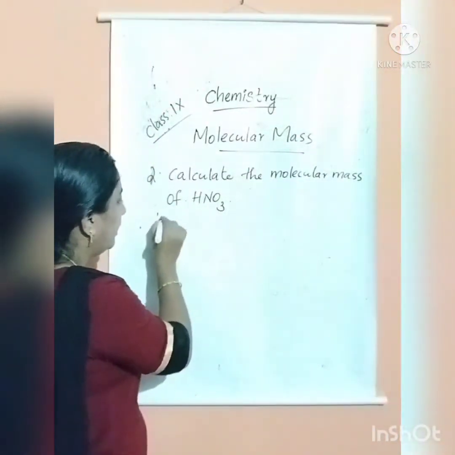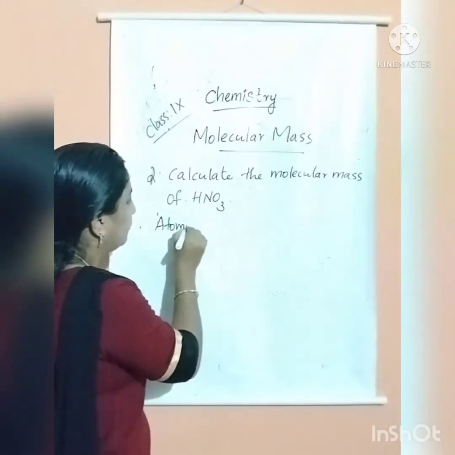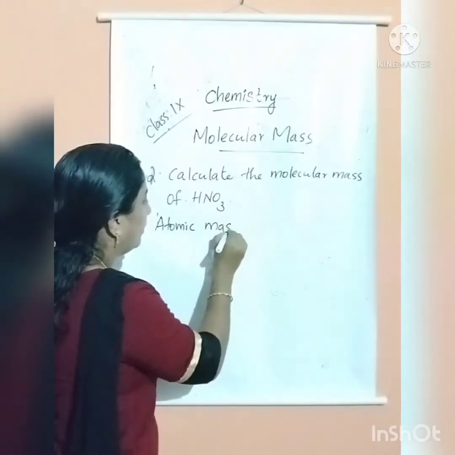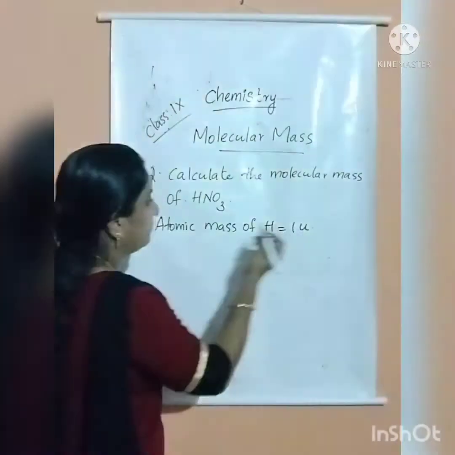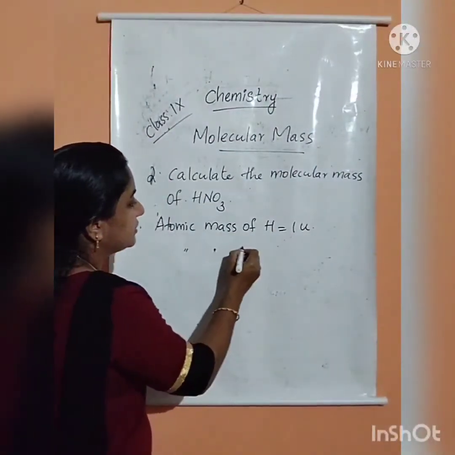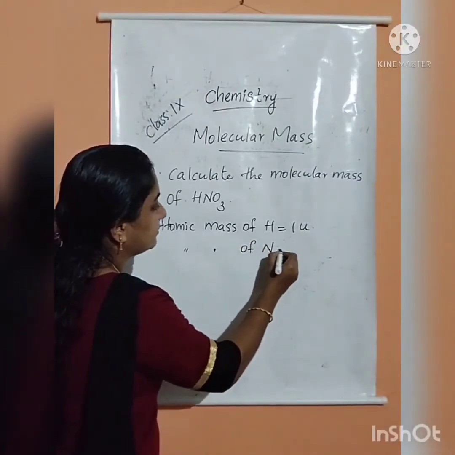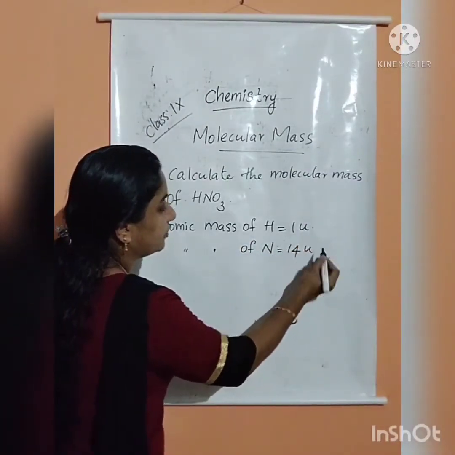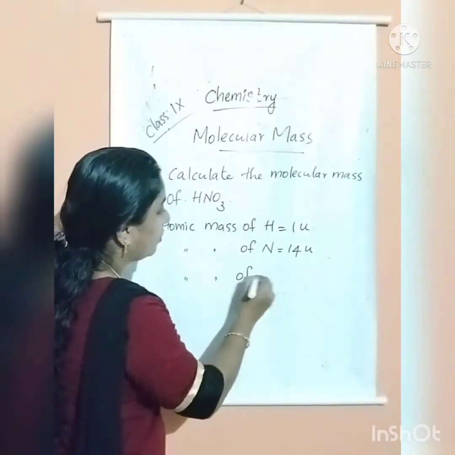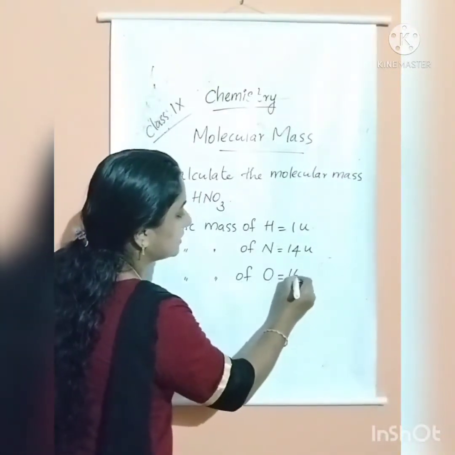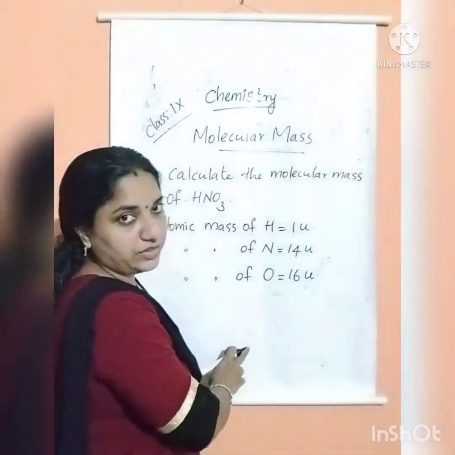The atomic mass of hydrogen is 1 AMU. The atomic mass of nitrogen is 14 atomic mass unit. The atomic mass of oxygen is 16 atomic mass unit.